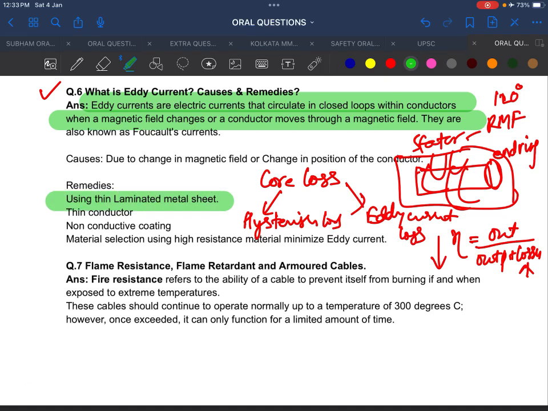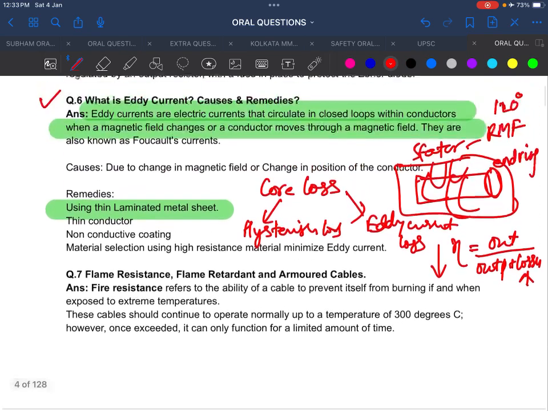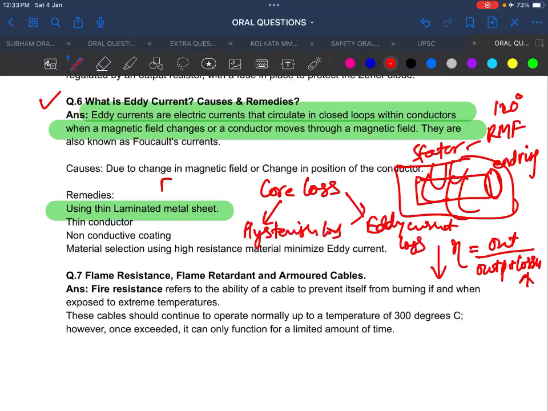By using a thin laminated sheet, because the eddy current loss is directly proportional to T square, where T is the thickness of the conductor. So we have to reduce this thickness, and the eddy current loss will reduce.